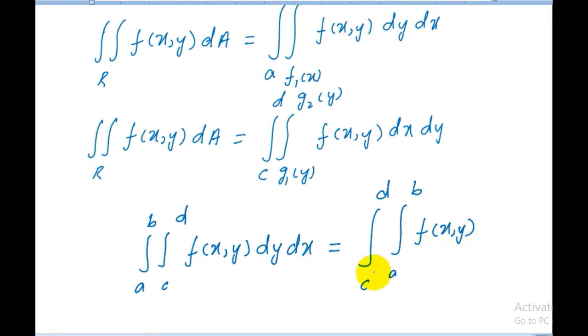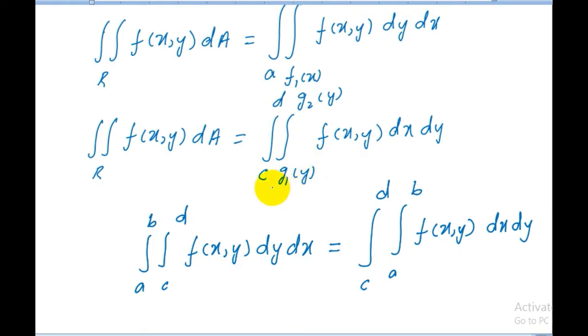Now we interchange these two integrals. Now we have to interchange these two differentials dy dx. We write it as dx dy. So by this relation we can interchange these two limits of integration.